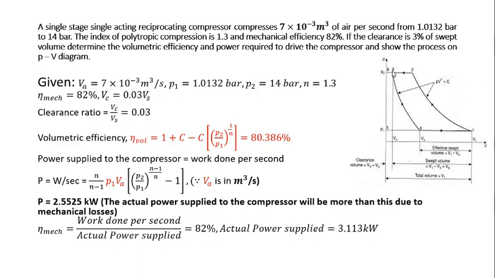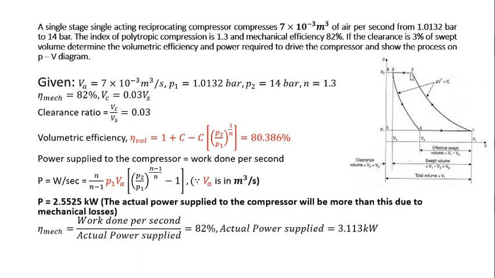And you have to draw a PV diagram like this and mark all the salient points in the diagram. Sometimes they may ask for V1, V2, V3 and V4 etc. Then you can easily calculate. For example, you have to calculate V2, the volume at point 2.